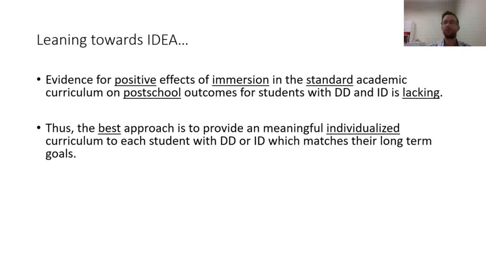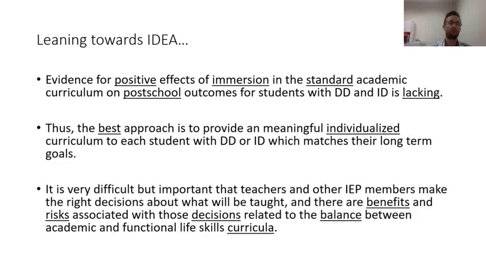In other words, transition from elementary school to middle school, from middle school to high school, from high school to post-school. That's the type of approach they're advocating for when they say individualized curriculum matches long-term goals.